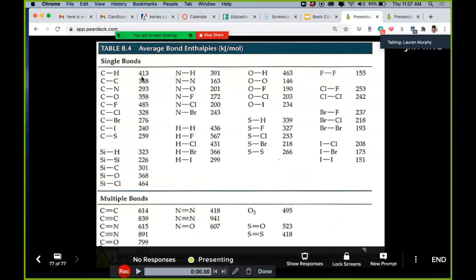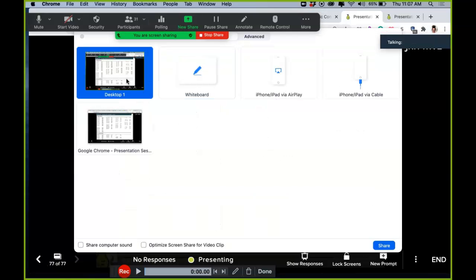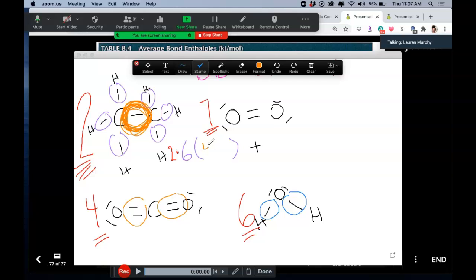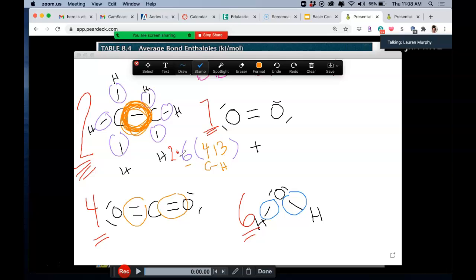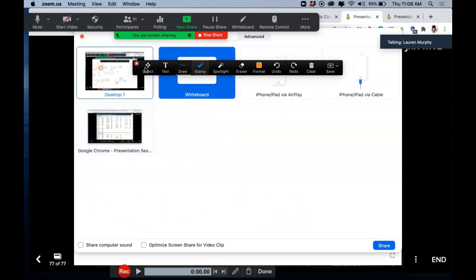Okay, 413, right? So that's what I'll put in there, 413. There are 6 carbon-hydrogen bonds, but there's 2 of these molecules. So there's really 12 of them, right? So I put that 2 right here, plus carbon-carbon bond.